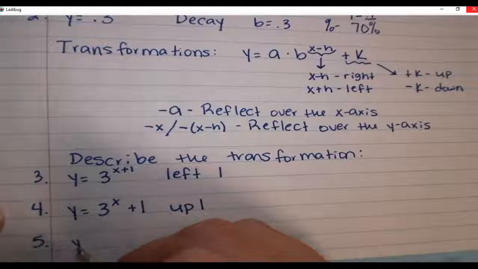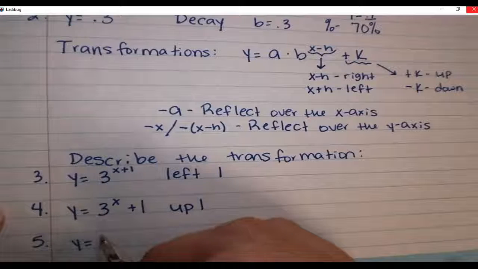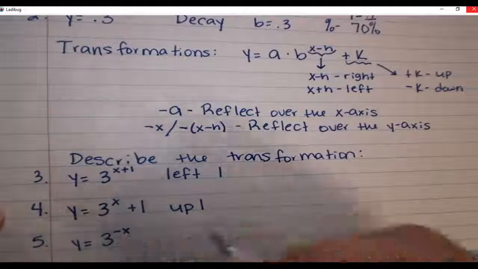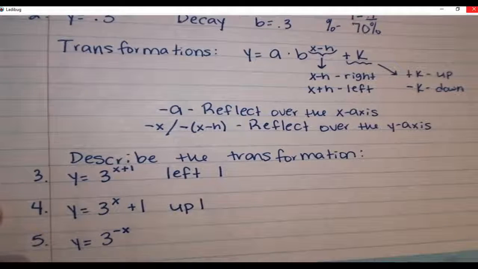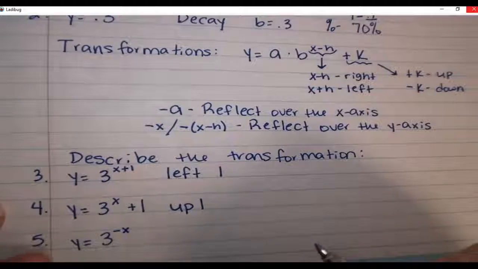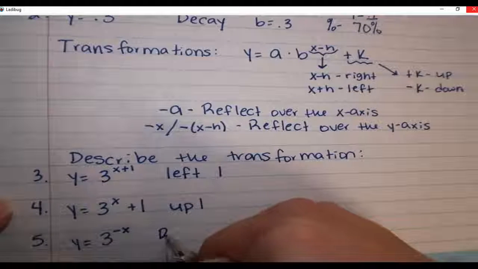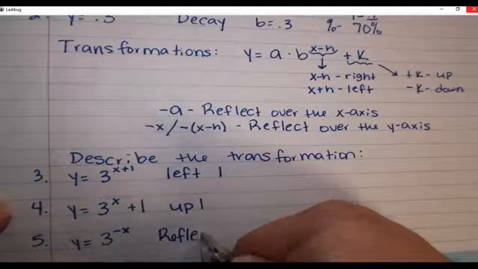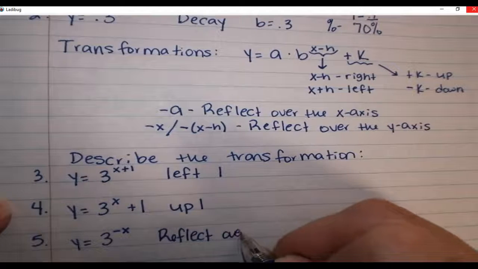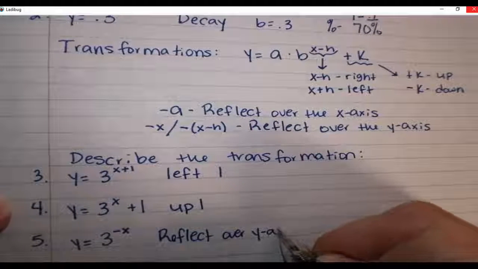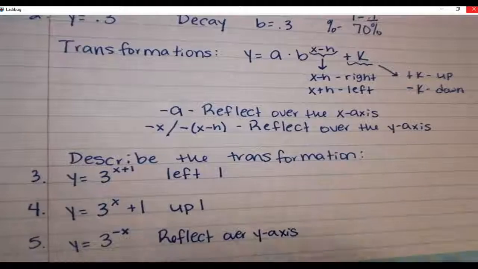How about if we had y equals 3 to the negative x? Good. So that's going to be a reflection over the y.